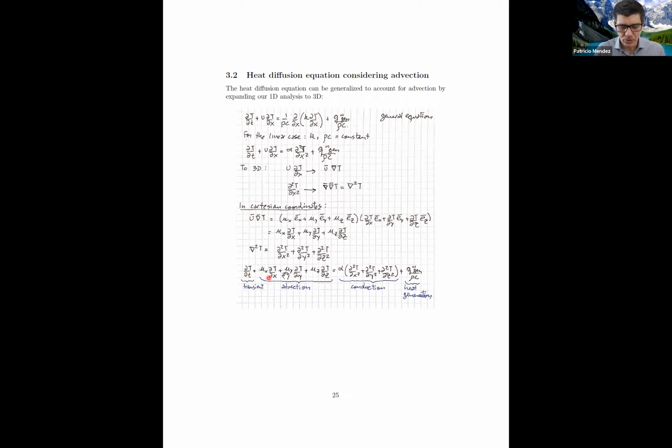Term number 2, 3, and 4. And these three are velocity times a derivative of temperature. These three terms account for advection. Velocity times temperature variation, advection.